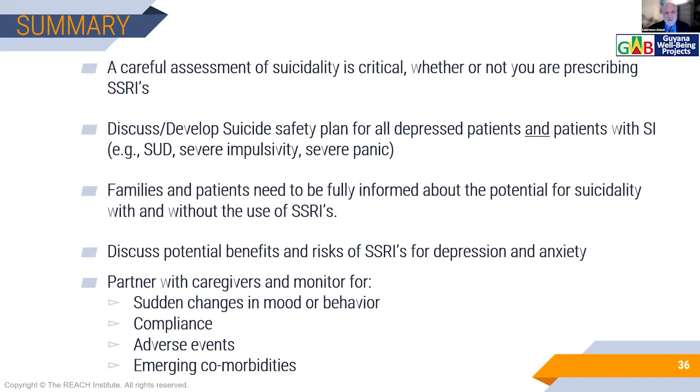Families and patients need to be fully informed about the potential for suicidality. And this is like everything else we've discovered: if you talk about it, it gets better. If you avoid it, it gets worse. Drugs, sexually transmitted diseases, HIV, all of those sensitive things. We're professionals. To a lay person, this may seem like a very delicate and sensitive topic, but you have to communicate that you know about this, you're comfortable talking about this, and you give them a chance to be comfortable talking about it.